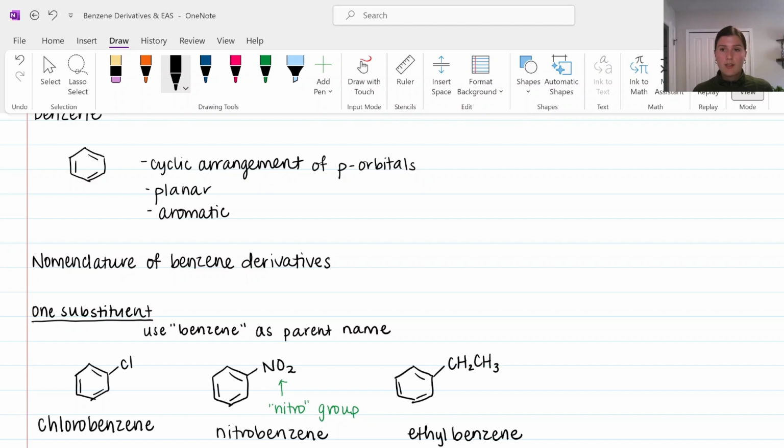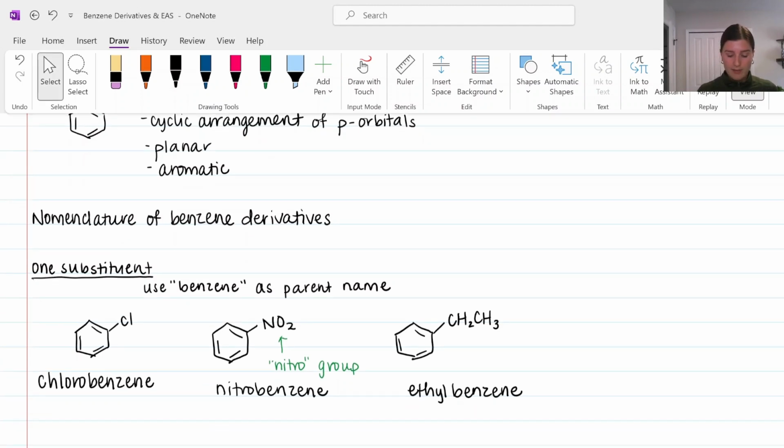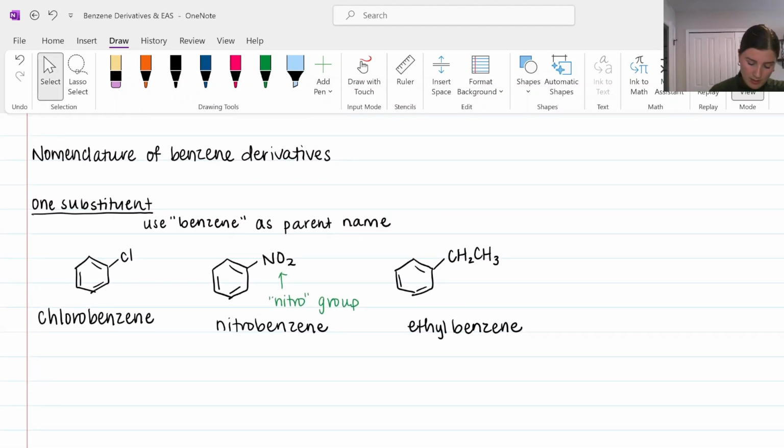There are also some benzene derivatives that have common names, and so we'll want to remember these as well.